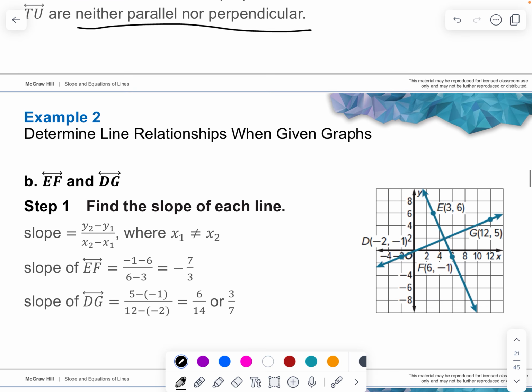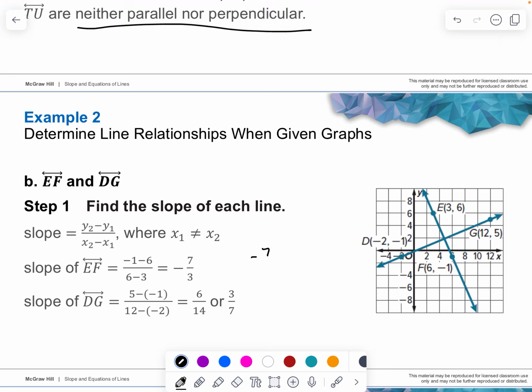So next one. They did the math on B and found that the slopes were -7/3 and 3/7. And you can see that those have changed signs. One's negative, one's positive, and they have flipped. You've got 7/3 and 3/7.